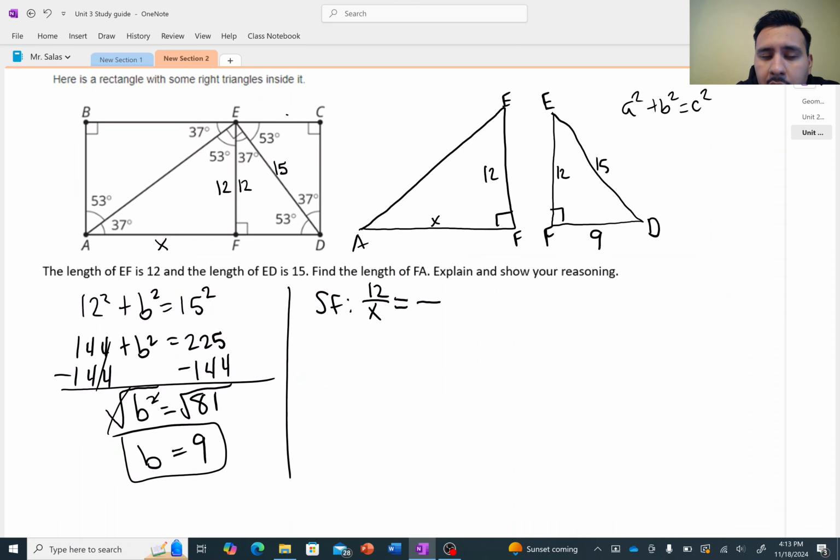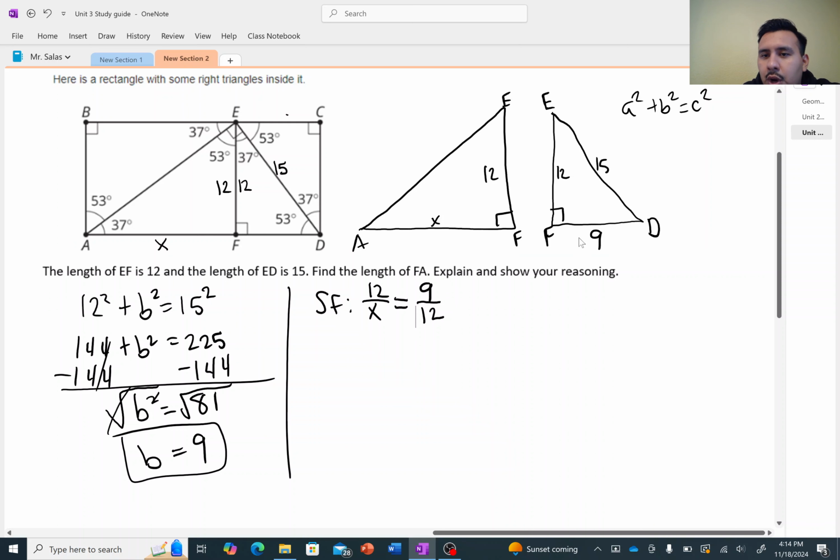So I'm going to put the 12 on the bottom because we put the large sides on the bottom, right? And the 9, since 9 is the short side, goes on top. So I have the short 12 on top and the short 9 on top, and the larger x and the larger 12 on the bottom, right?